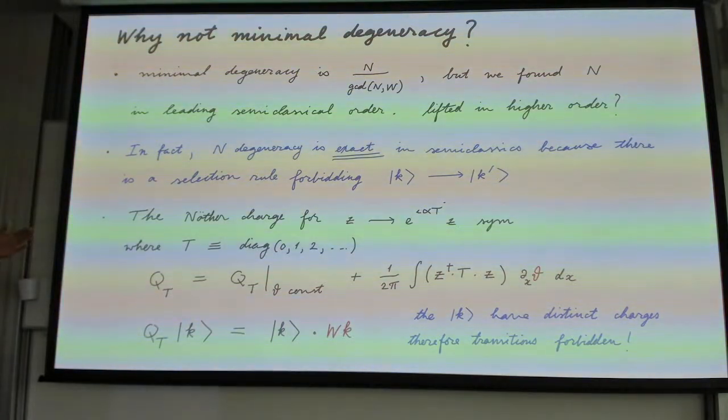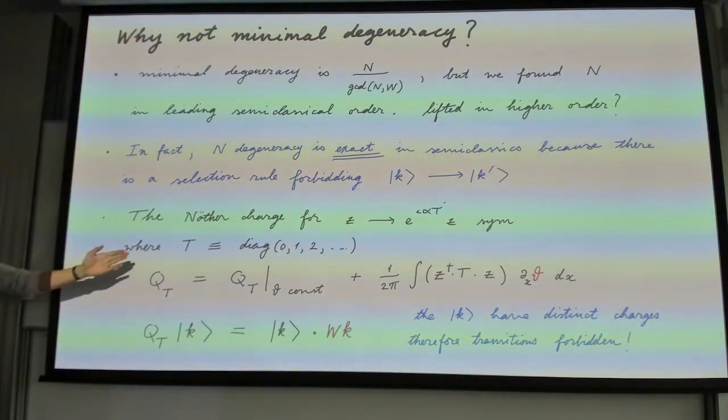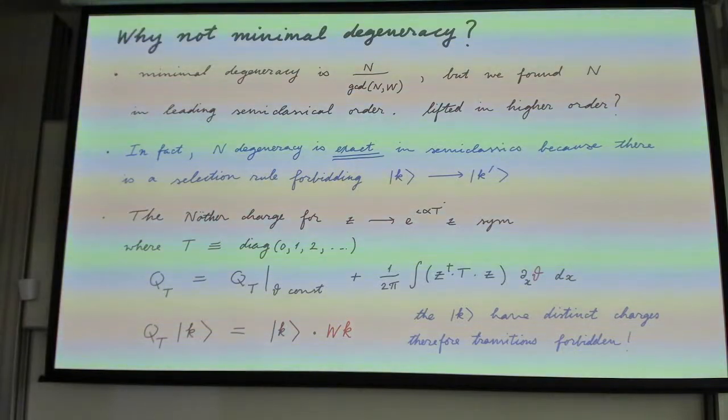It's a U(1) symmetry, a subgroup of the full symmetry, and it's generated by this diagonal matrix with 0, 1, 2, and so on on the diagonal. If you just compute the Noether charge, you get a term which is just what you get when theta is constant, plus an additional piece which depends on theta.